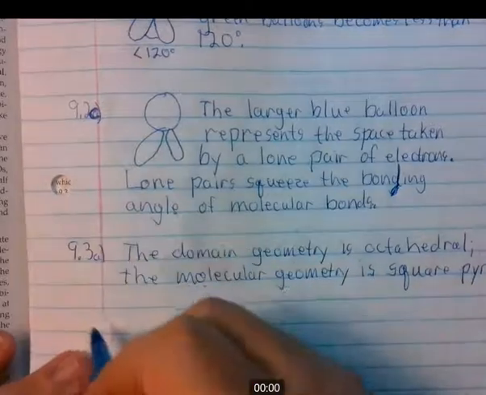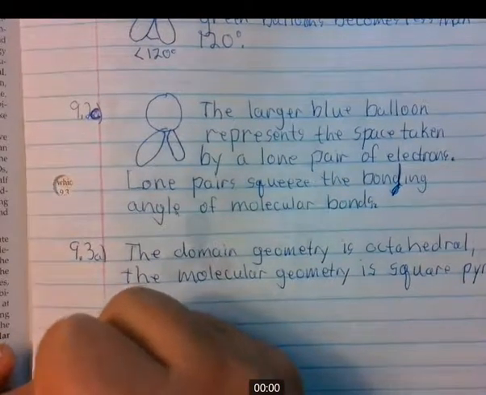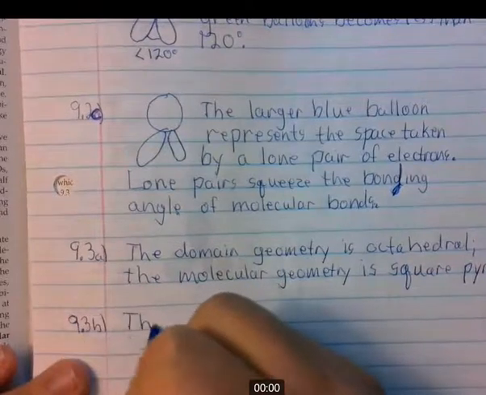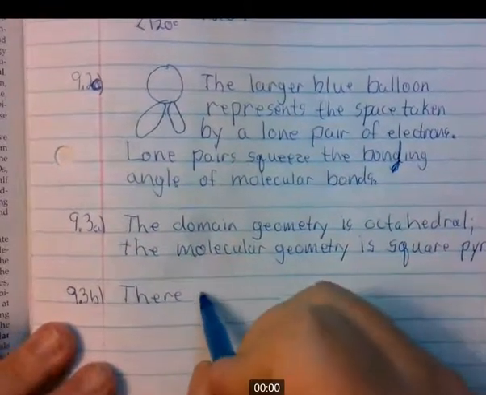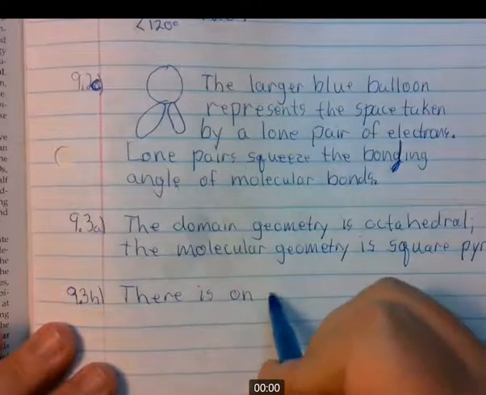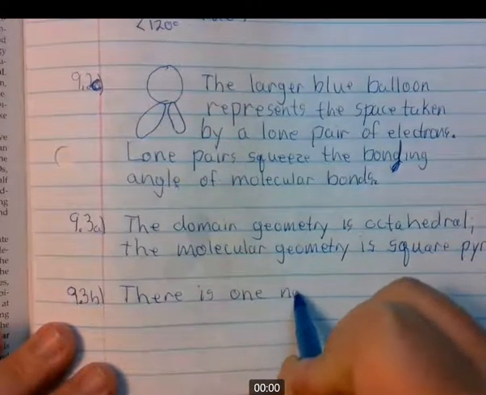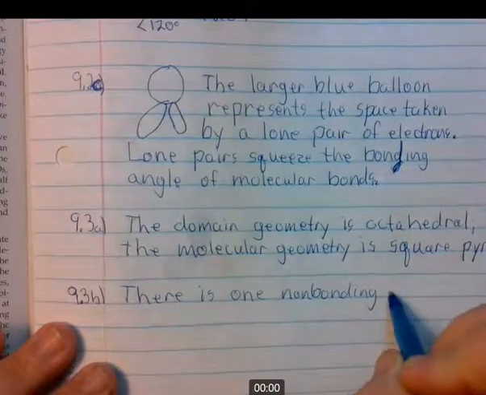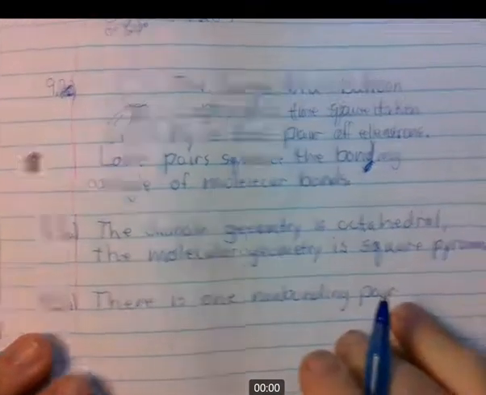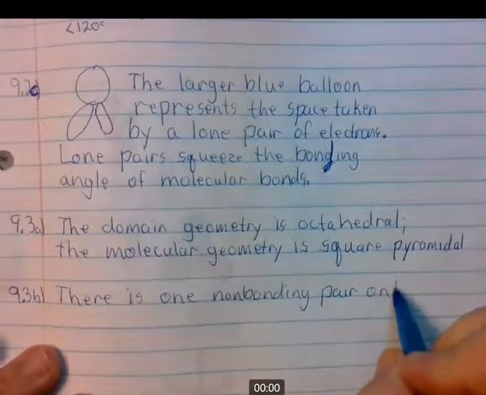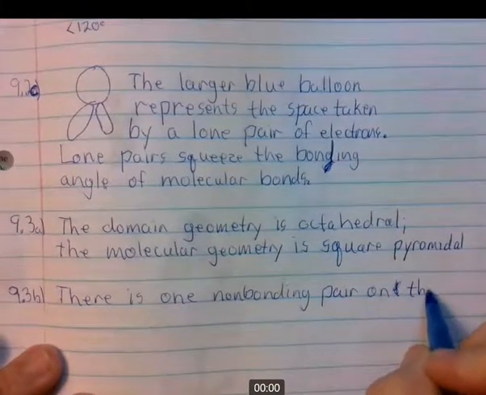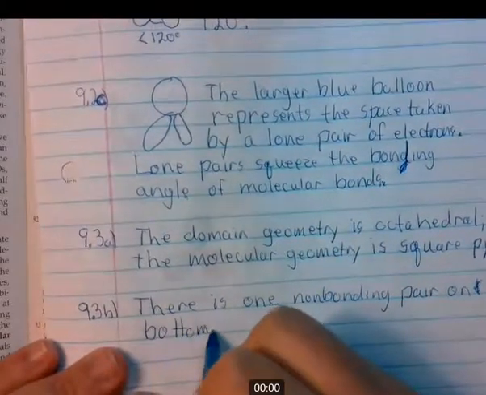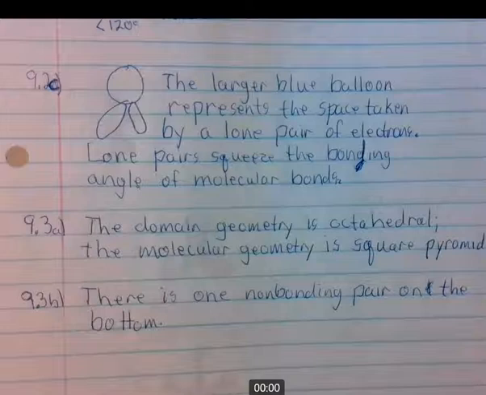So in this case, you could say, again, I want you to skip a line, 9.3 B. There is one non-bonding pair. Okay, so there is one non-bonding pair on the bottom.